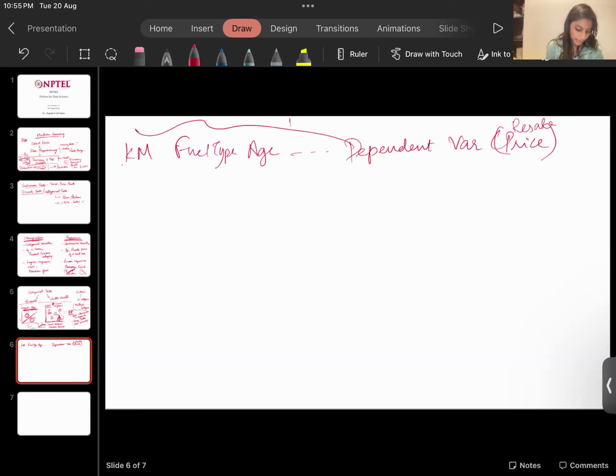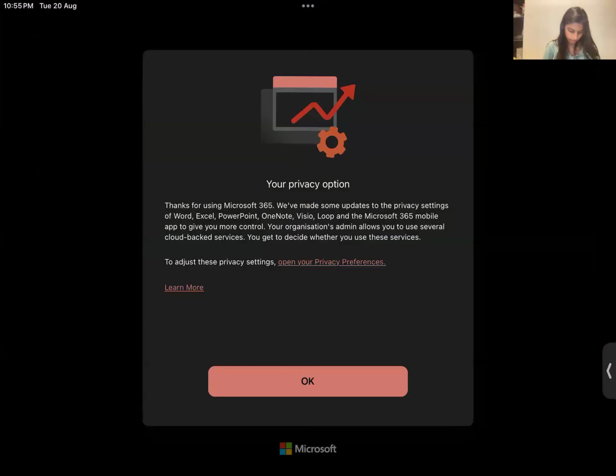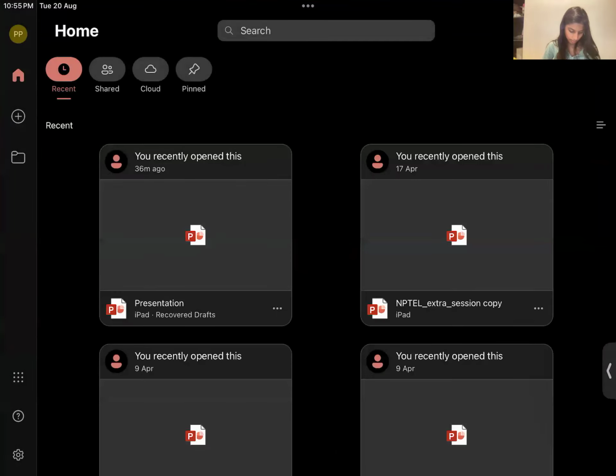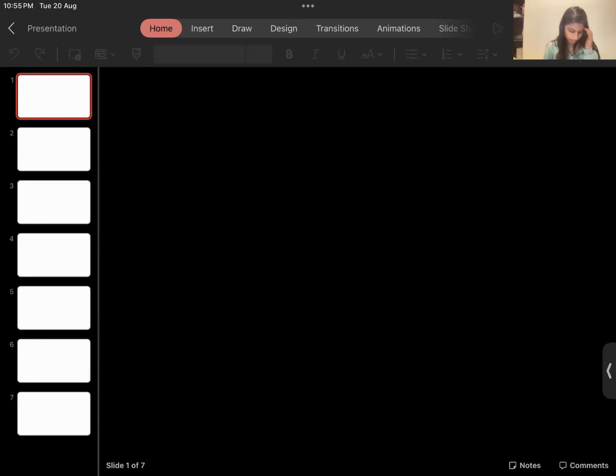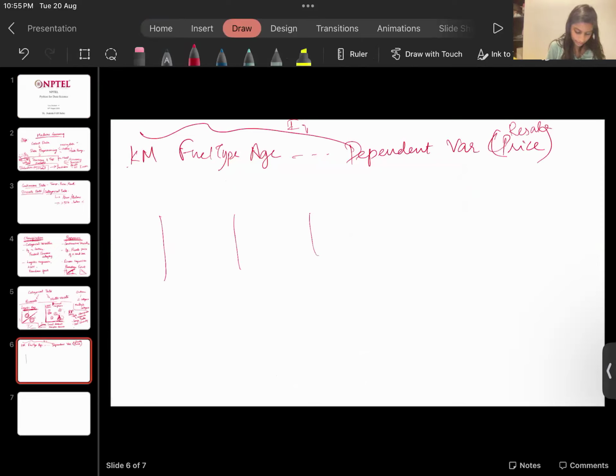All these are called independent variables. There could be so many independent variables, but all these variables might not directly correlate or directly affect the prediction of your dependent variable.